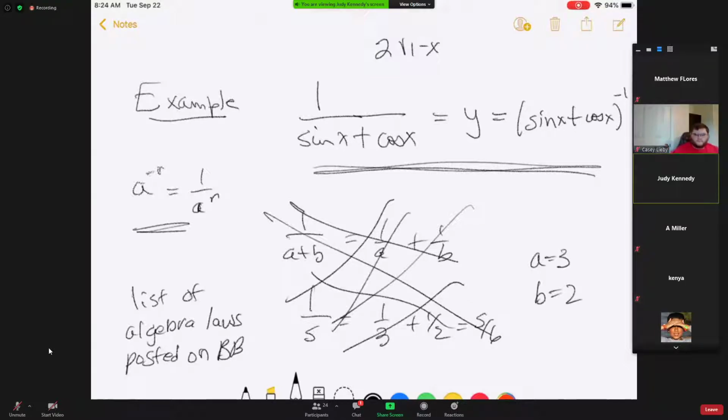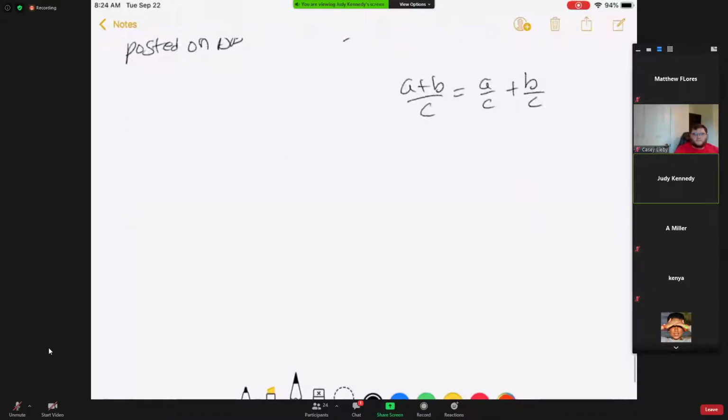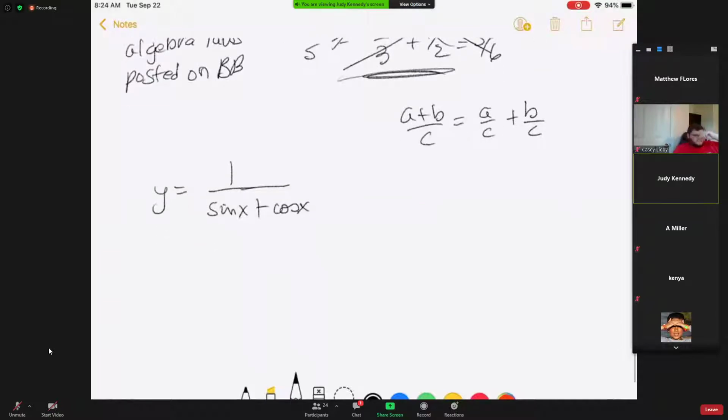All right. So here we're thinking about y is 1 over the sine of x plus the cosine of x. And I cannot break that into two fractions because this is not a rule. Oh, no, we said we're going to do a function to a power.